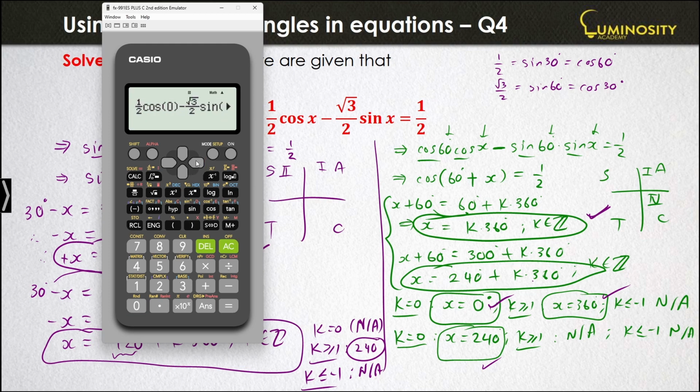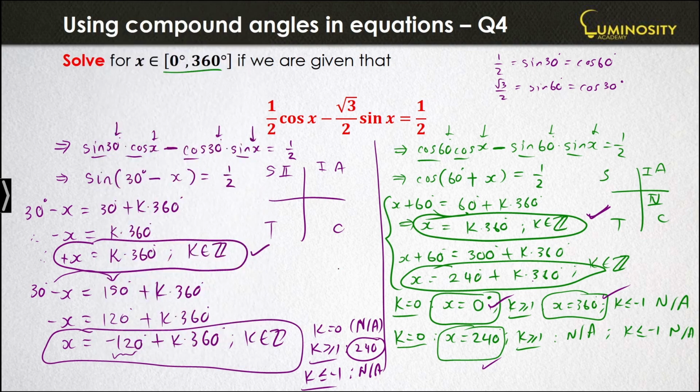The next angle was 240, and we get a half, great. The other one was 360, so we can check that as well, and we get a half. So these are definitely the 3 valid solutions in the given domain for this trigonometric equation. All right, I'll see you in the next one.